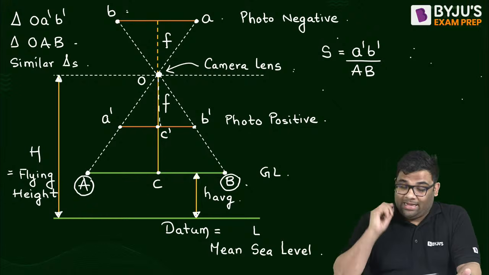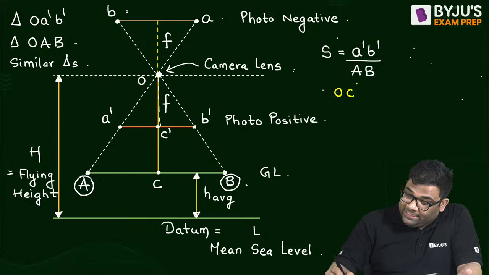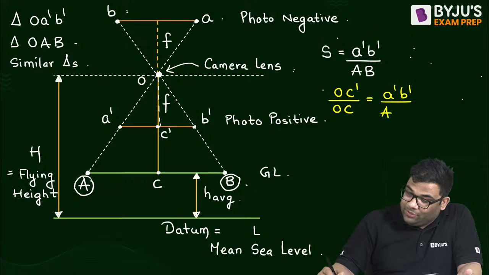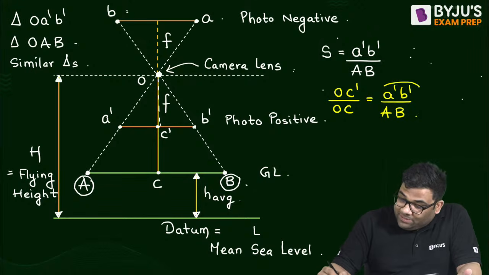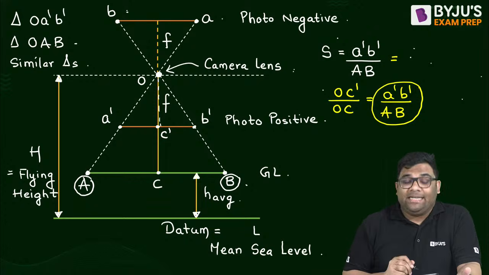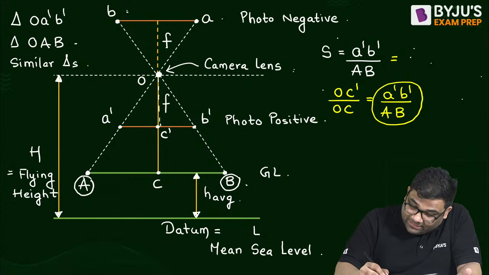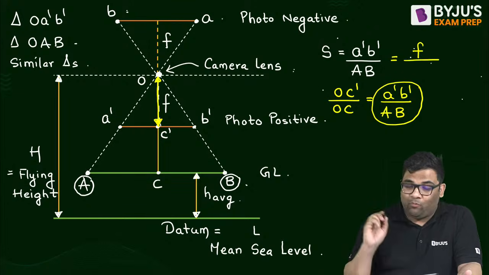Since they are similar triangles, can I write that OC dash by OC is equal to A dash B dash by AB? What is A dash B dash by AB? That is your scale. Now what is OC dash? OC dash is nothing but the focal length F. And what is OC?